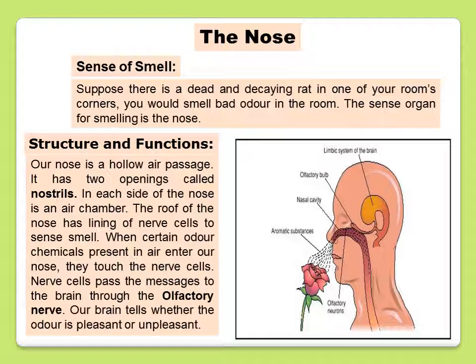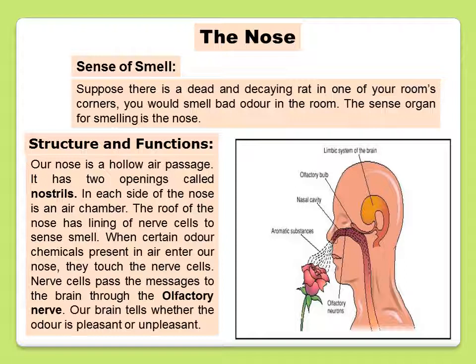Suppose there is a dead and decaying rat in one of your room's corner. How would you come to know about the dead rat? Obviously, you would smell the bad odor in the room, and the sense organ for smelling is the nose. Nose is the sense organ for smelling.